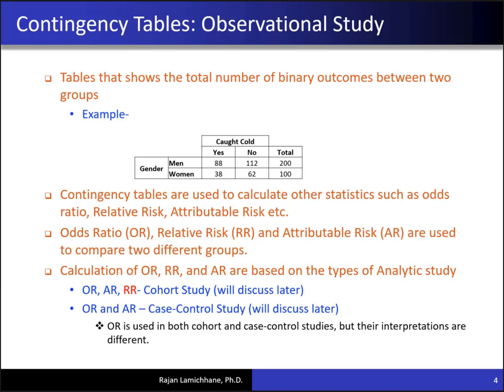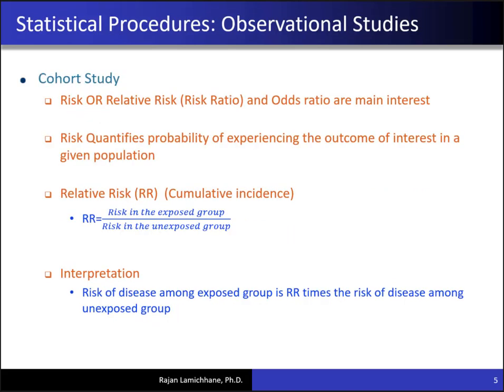As we already discussed, in a cohort study, we observe a cohort of exposed and non-exposed, and then we want to see how many in the cohort develop the disease.